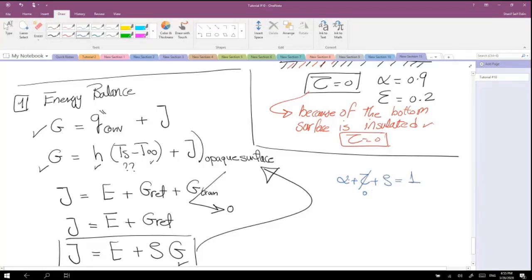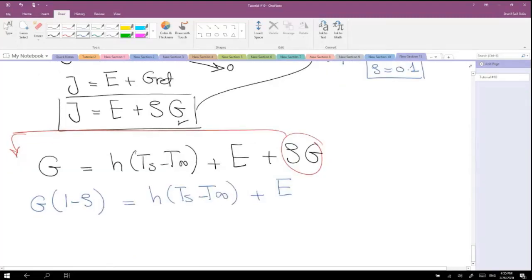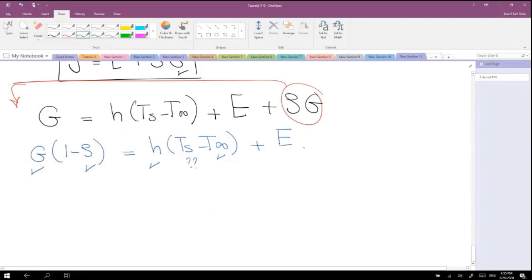Tau is 0 and alpha is 0.9, so rho is equal to 0.1. So now we have rho, G, H, Ts, which we don't know, and T infinity, which we know. And E is going to be epsilon sigma T surface to the power 4.